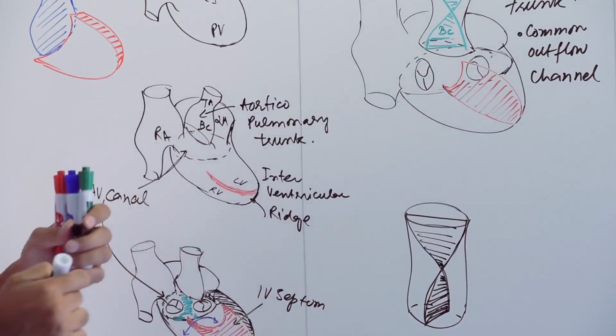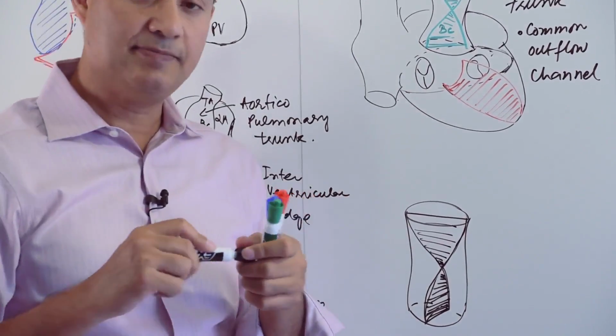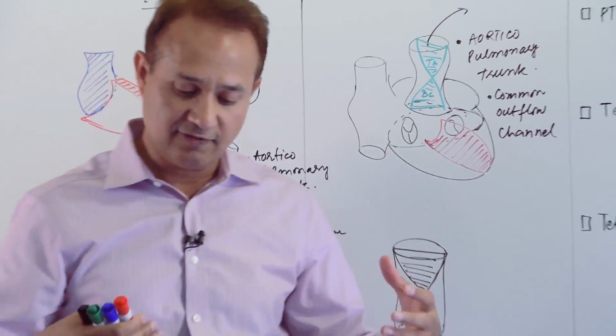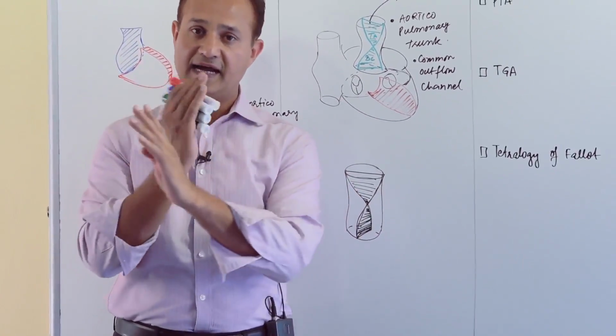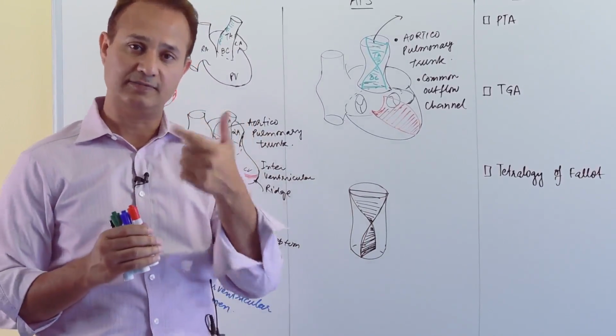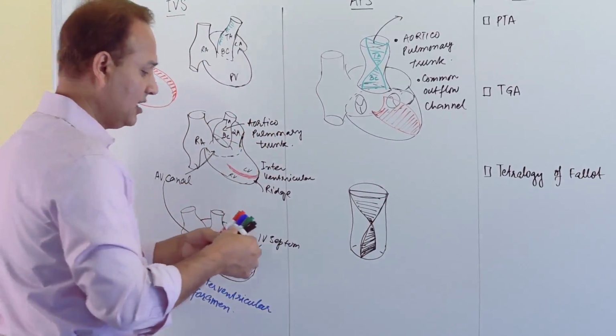This is how it happens. Now, why does this happen? It happens because of the blood flow coming from the ventricles. The ventricular blood flow is coming in a way that shapes the septum and its development, and it becomes a spiral septum. It does a 180-degree turn.